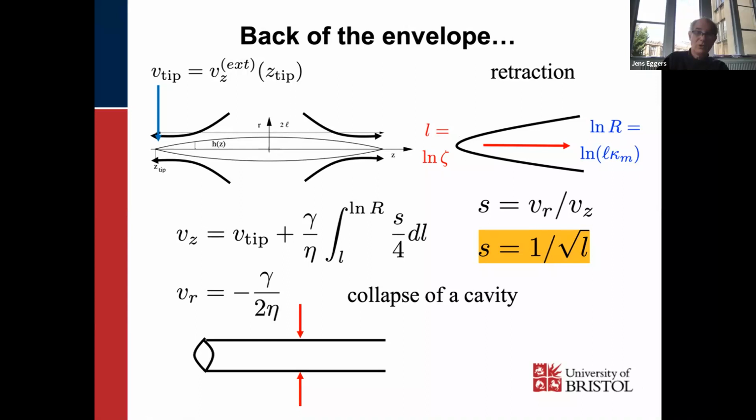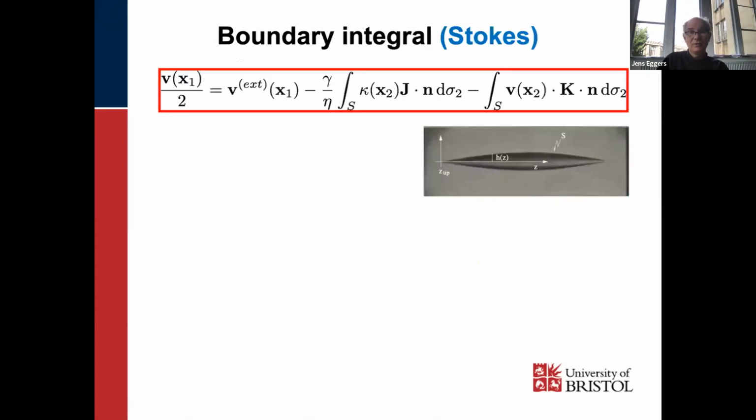And that's something I will use later on in my mathematical description. So my mathematical description is actually based on what's known as the boundary integral description, and that's shown here.